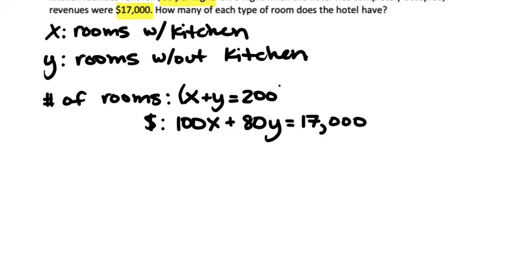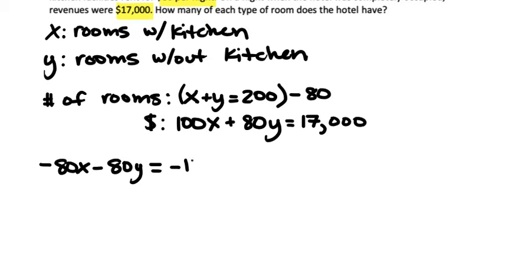I'm going to multiply the top equation by negative 80. And that will allow me to eliminate the y's. So if I do that, I get negative 80x minus 80y, and 200 times negative 80 is negative 16,000. Bottom equation, I don't need to multiply by anything.